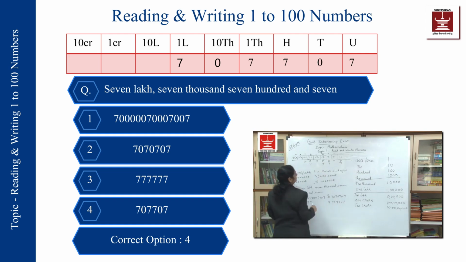In thousands place again 7. Comparing this as digits is easy. If you are not comfortable with it, directly do it here. This is more easy. Only thing, you have to write down those units place. Then it becomes easy for you. So 7 lakhs, 7,000, 700 and 7. Remaining place is 0. A 6-digit number.